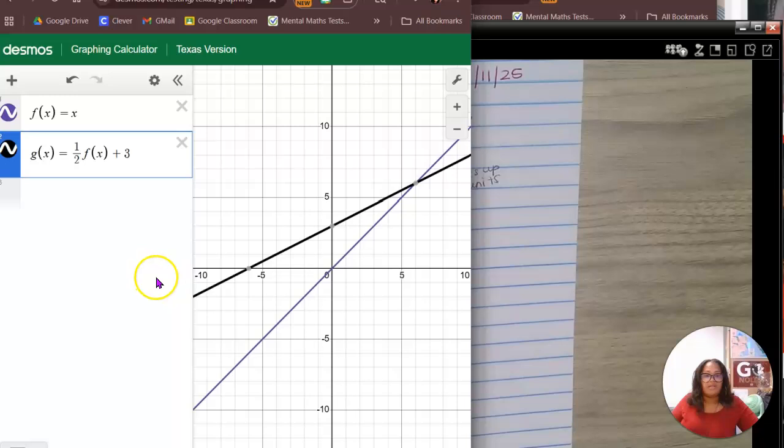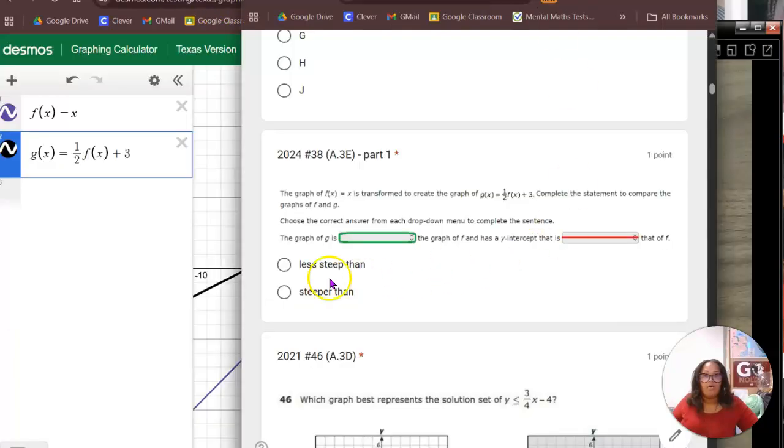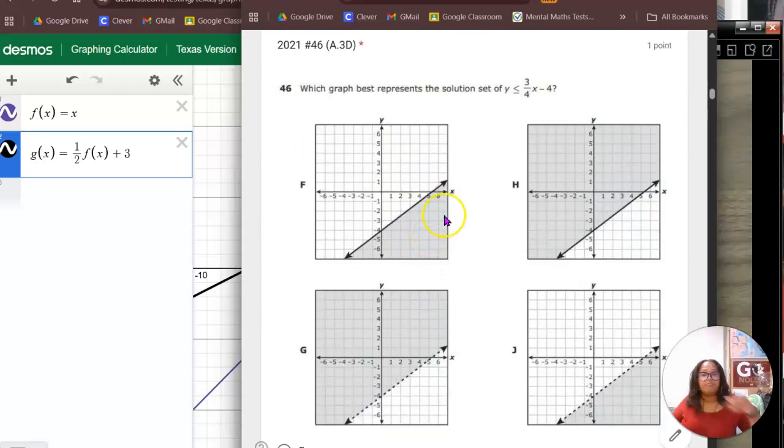Now it shows that this line gets less steep, and it goes through the origin, and your y-intercept shifted up 3 spaces as well. Less steep. Oh, that's all they wanted.